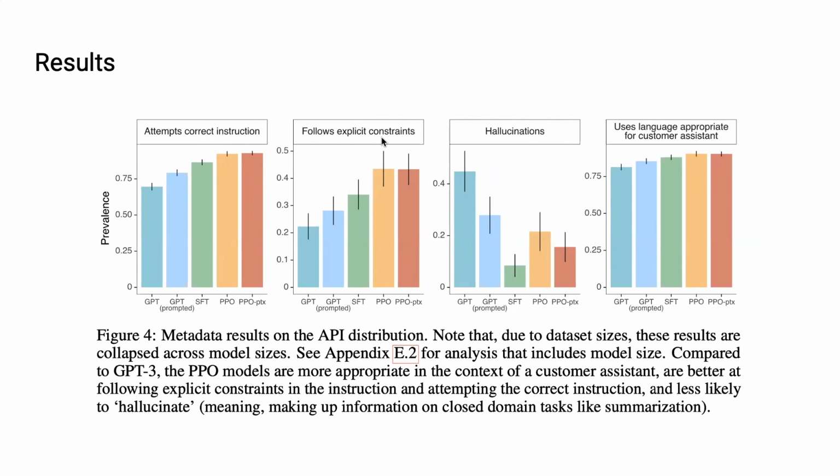So in your instruction, if you ask the model to write a lighthearted message or write it in a scientific way, you have some constraints, and they ask humans to evaluate whether the output follows those constraints, whether the model hallucinates, whether the output is truthful, and also just generally whether you think it would be an appropriate output for a customer assistant.